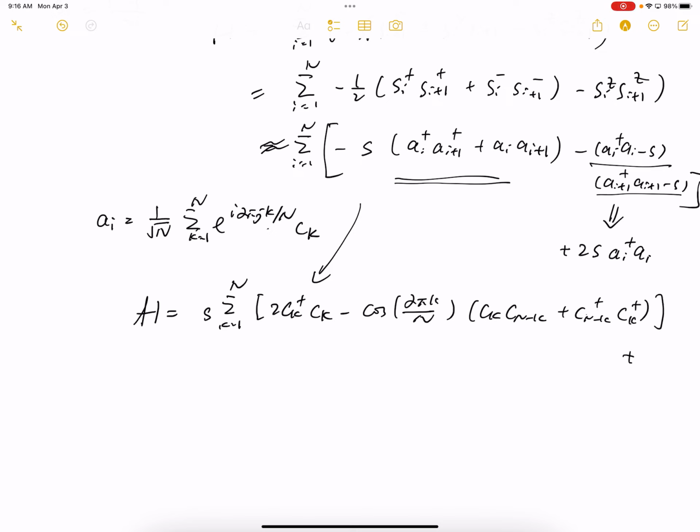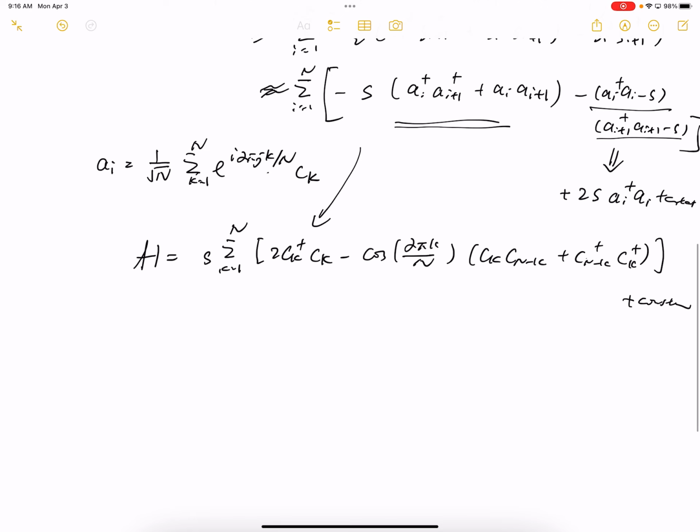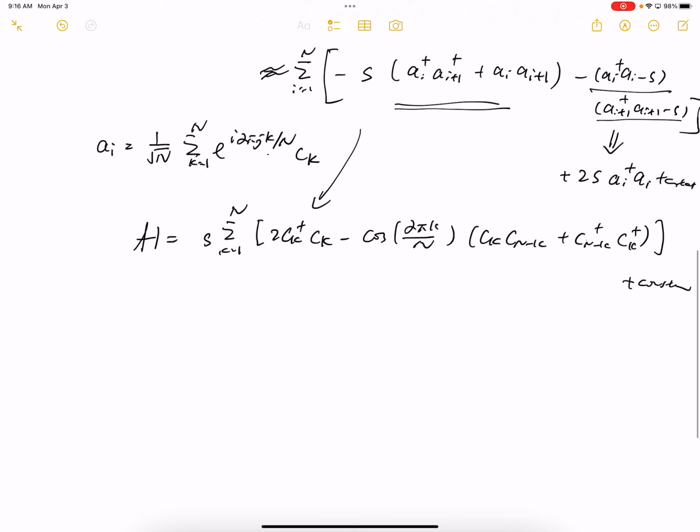And there's some constant I'm also dropping here, which is because of this S squared term in the expansion. The first term is pretty good; it's already diagonal, but these terms are not. And c_{n-k} is the same as c_{-k} because the system is periodic. And then we have to do the Bogoliubov transformation. Then we can introduce these b_k's.